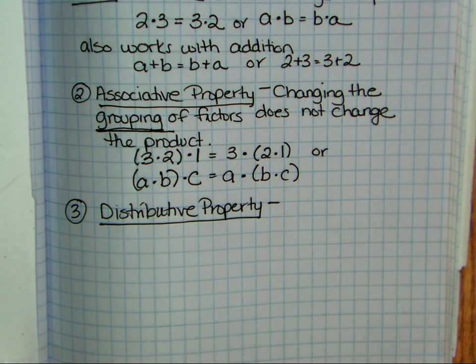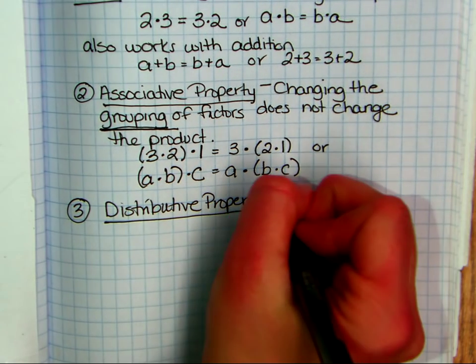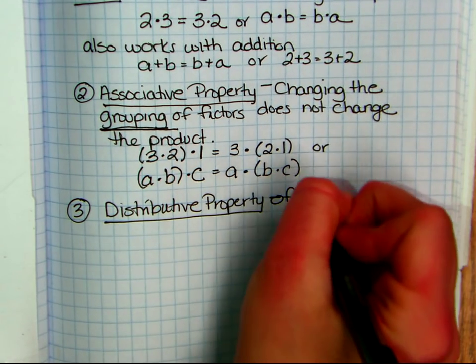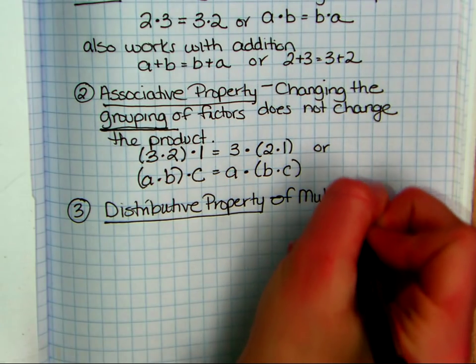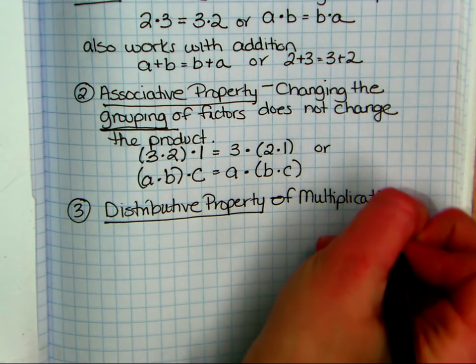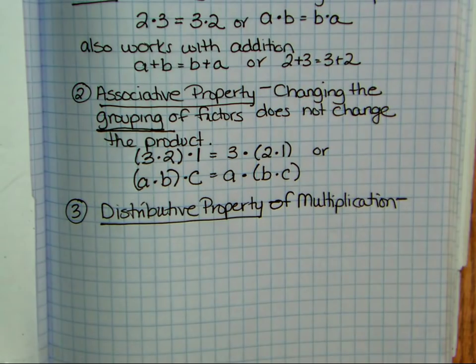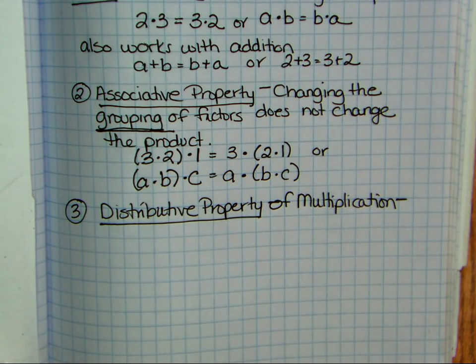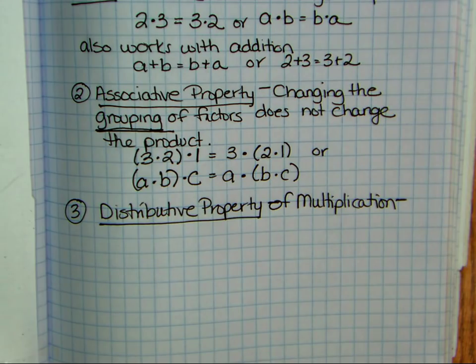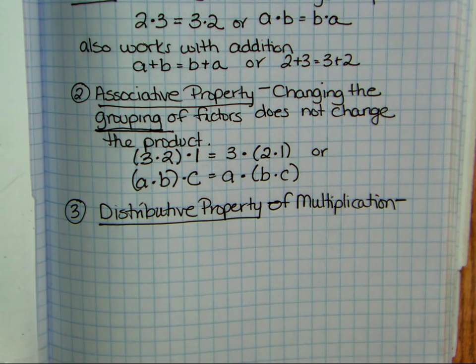So the distributive property, and I need to add this, of multiplication. So the rule for this is to multiply a sum or difference by a number, multiply each number in the sum or difference by the number outside the parentheses, then evaluate.